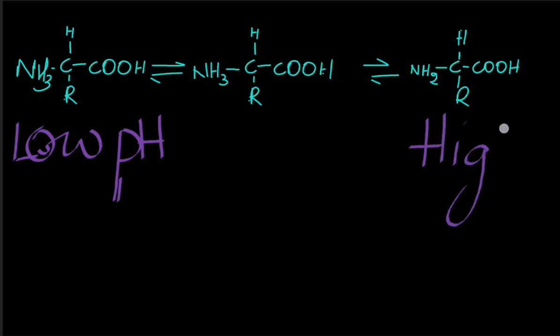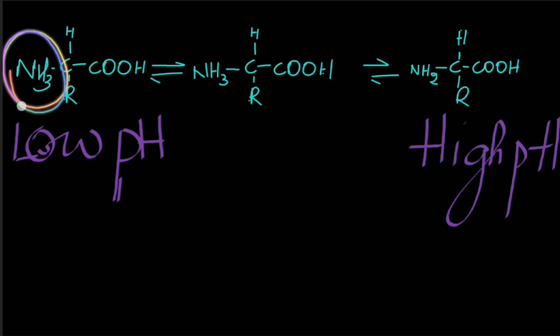And if I say this as high pH, so now as I told you, when we're talking about low pH, the hydrogen ion is more in terms of low pH, right? So when hydrogen ion is more in low pH, this NH3 has gained an extra hydrogen, right?